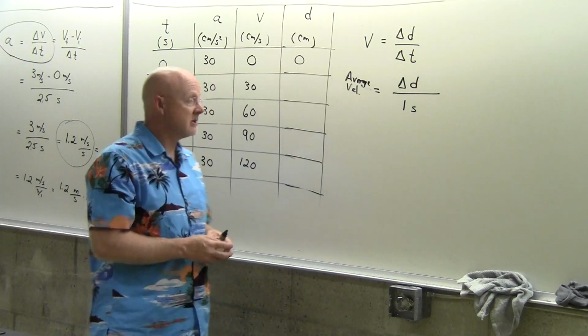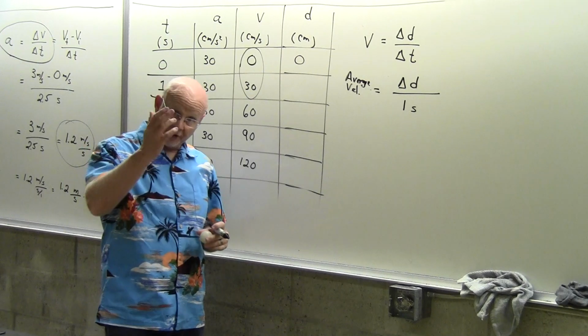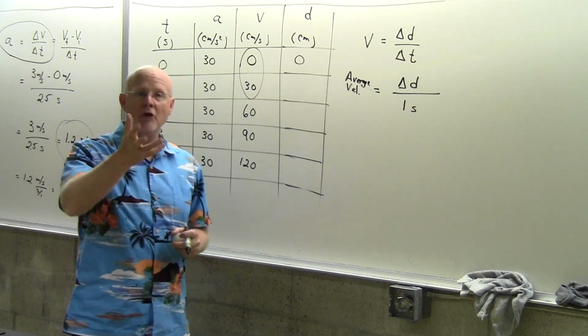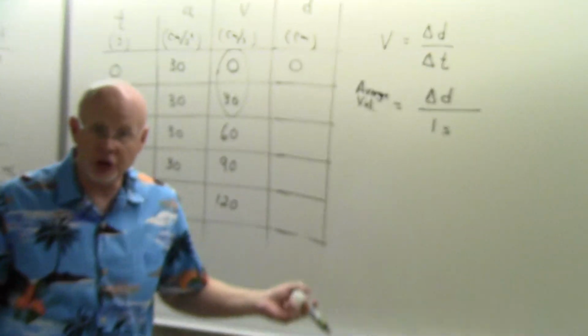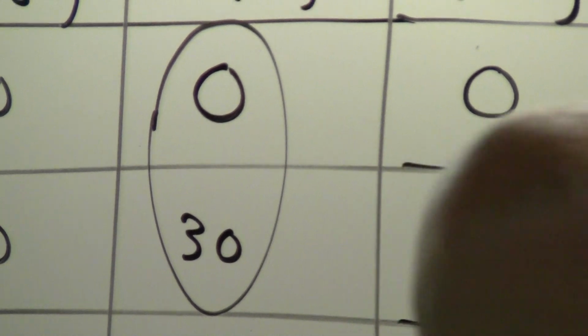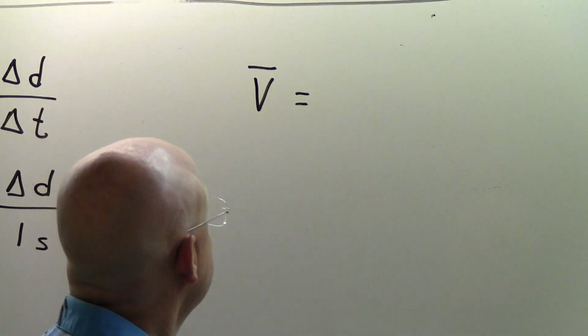Because think about this. I've got 2 numbers here. It starts at 0 and it goes up to 30. So if I gave you those 2 numbers and I asked you to average them, could you? Yeah, I guess you would do this, right? You would say, okay, to get average, and I'm going to use the bar.